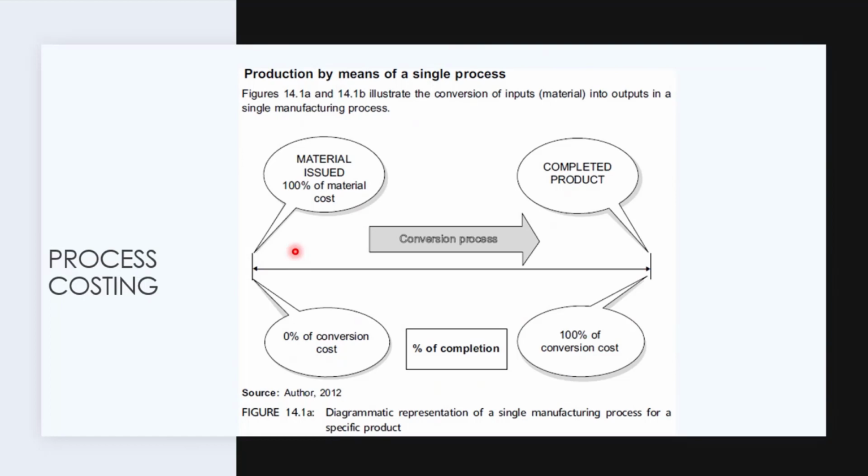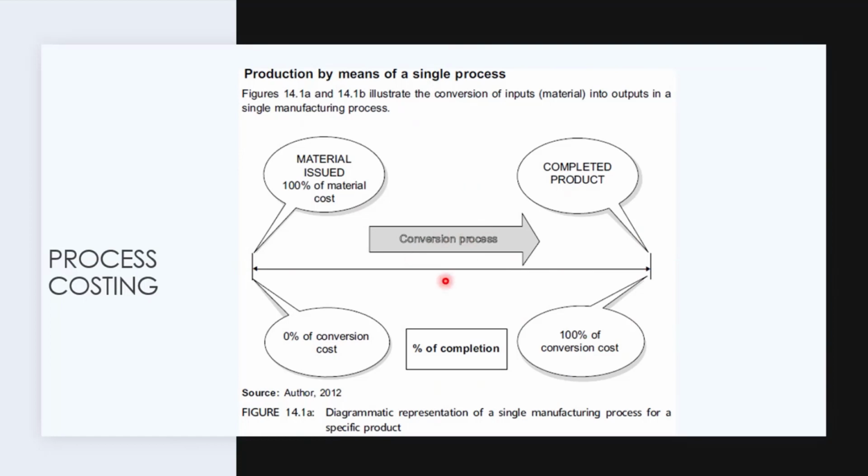So when they are added at the beginning, there won't be any conversion cost, because conversion is your labor and also your overheads, right? And then the conversion process will happen from here to there.